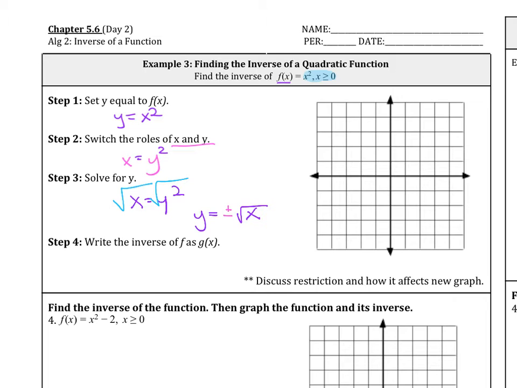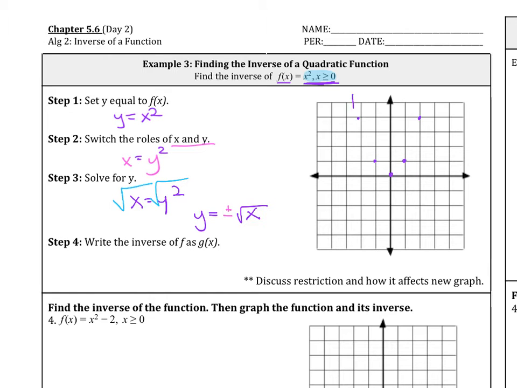So we need to go back. What are our restrictions at the beginning? This is x squared, where x is greater than or equal to 0. So we're only looking at the positive side of this graph. For example, let's graph this parabola real quick.